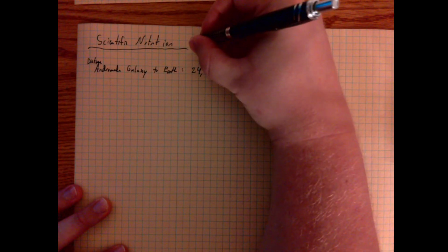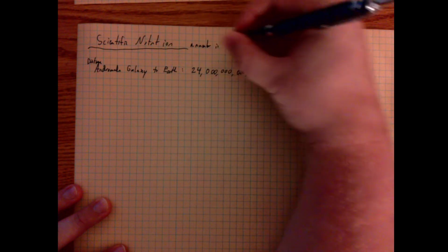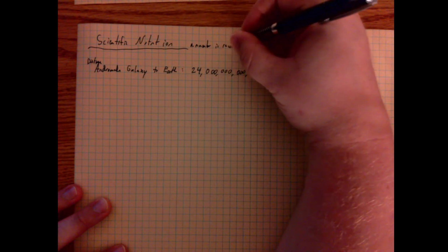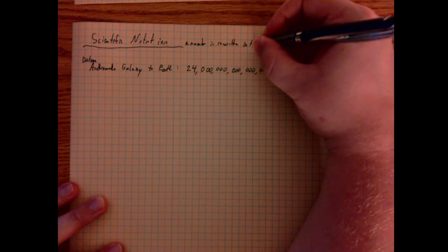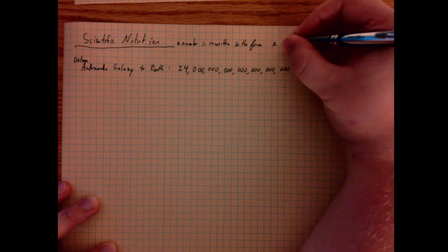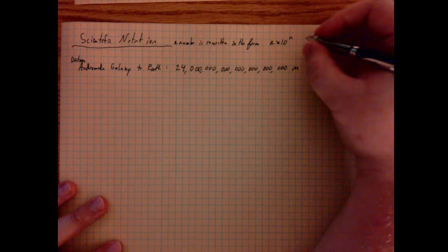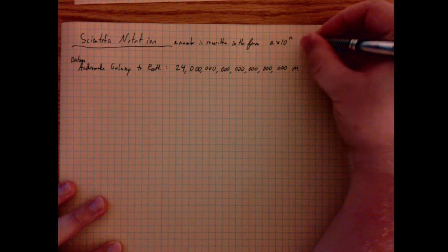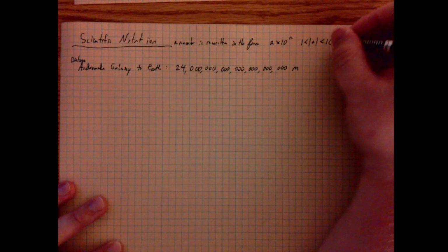So in scientific notation, a number is rewritten in the form a times 10 to the nth, where in this case our value a is between 1 and 10.